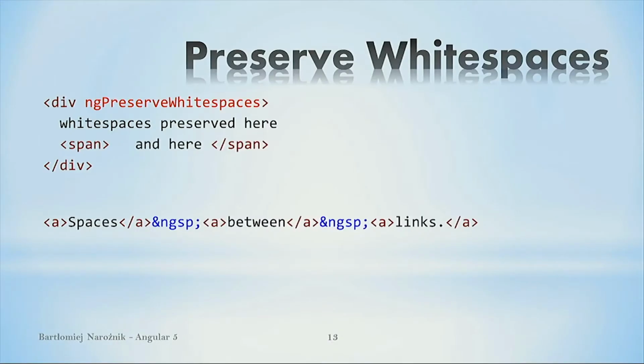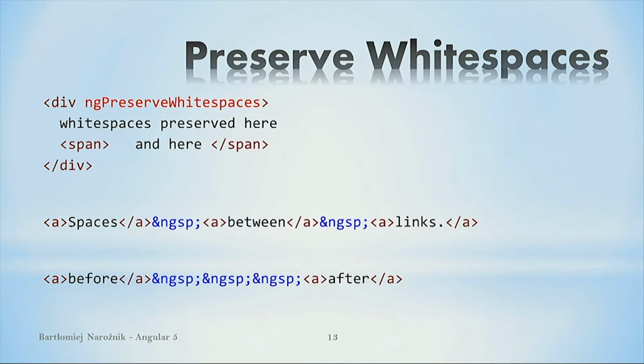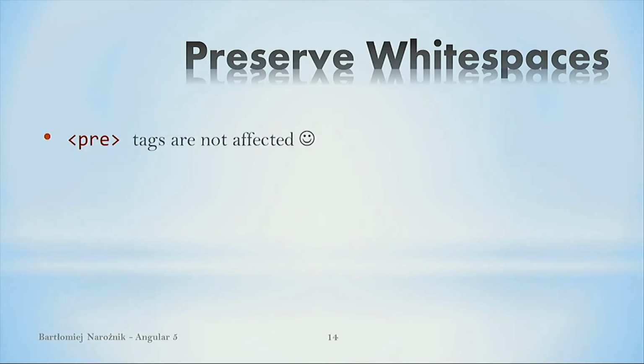So you can make sure that there will be a space in there, whatever happens. But you cannot use it more than once. So in this last example, it will be only one space in your HTML. And of course, what happens inside pre tags stays in pre tags, so those will not be affected, as expected.